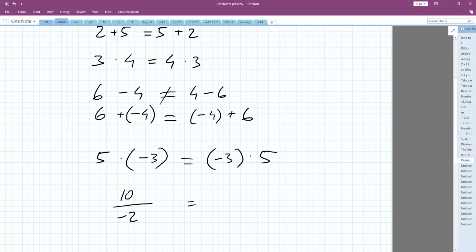Negative 5, very good. So, of course, we remember last time when you have plus times plus, you have plus; minus times minus, you have plus; plus times minus, you have minus; minus times plus, you have minus, right? And that's also true when you have division.